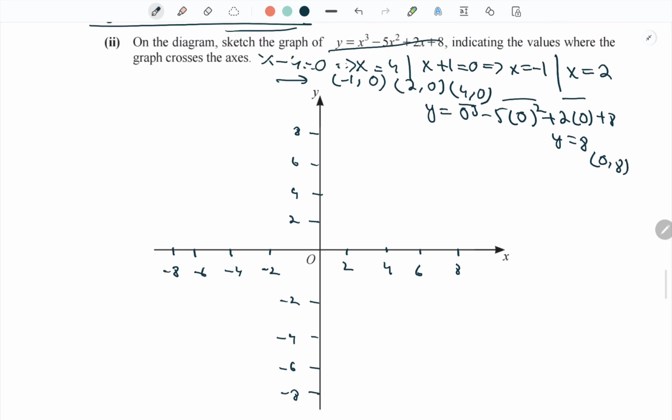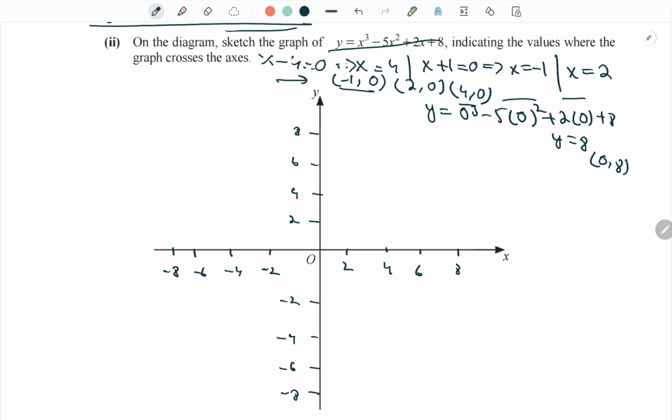So you also draw the graph here. It passes through negative 1 comma 0. If we plot the values, we have negative 1 comma 0. That means x is negative 1 and y is 0. So x is negative 1 is here and y is 0.